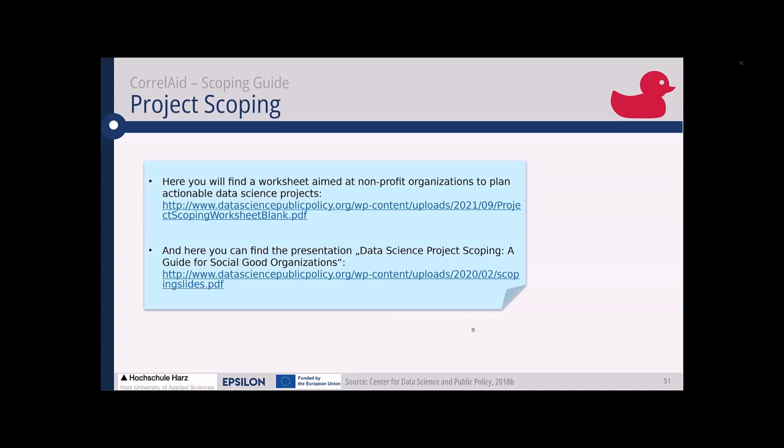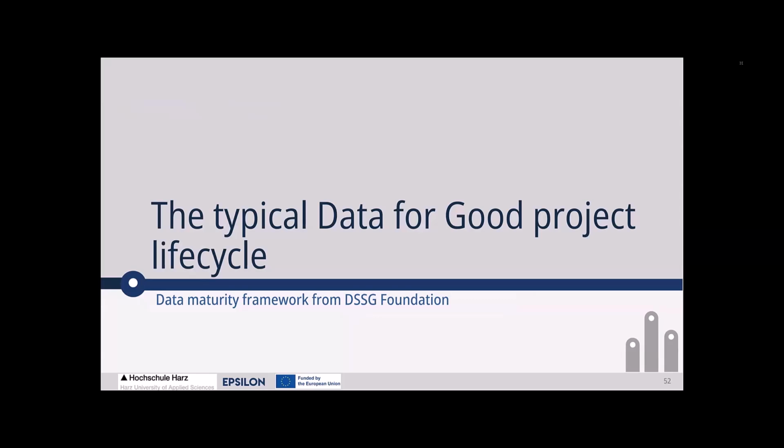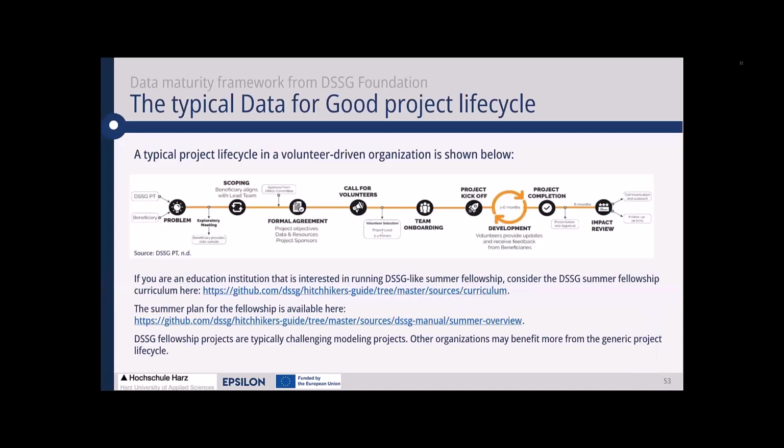So next, we would like to talk about the typical data for good project lifecycle. So after you did the scoping and you start with the project, there is a typical lifecycle for data for good projects. And this is basically a picture taken from DSSG Portugal. And here, this graph depicts the ideal case of a project.